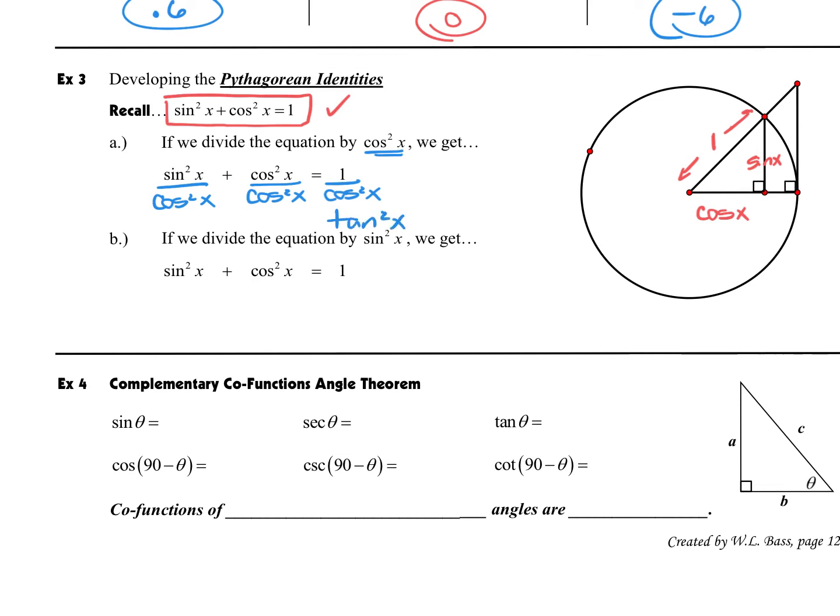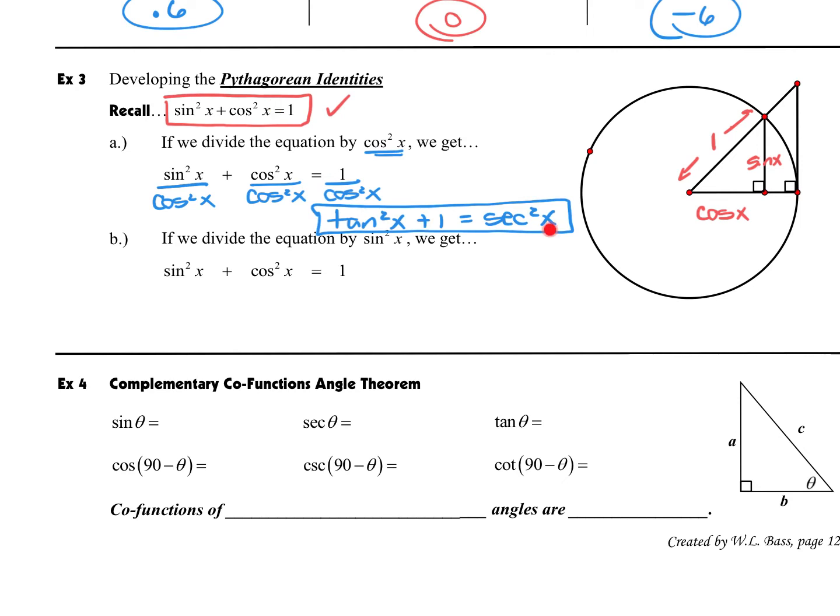And then cosine squared over cosine squared is 1. And then 1 over cosine squared is secant squared. So this is our second Pythagorean identity. So we've got our first one and we've got our second one.